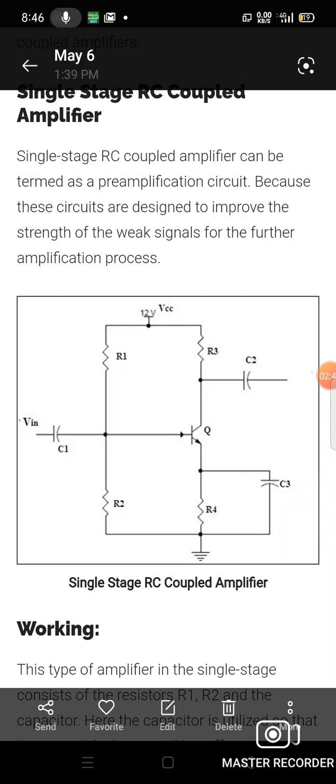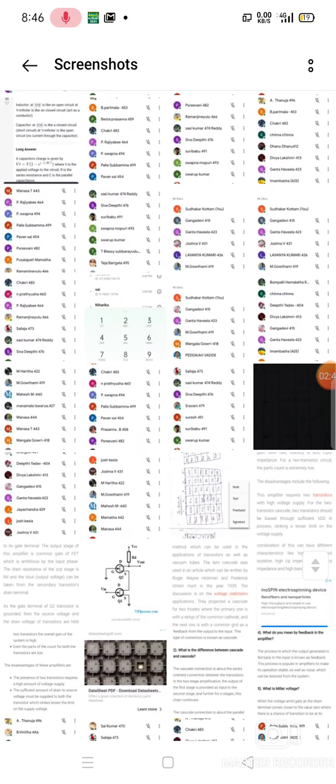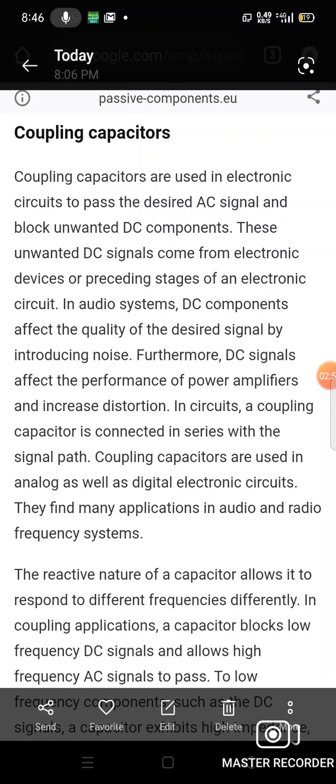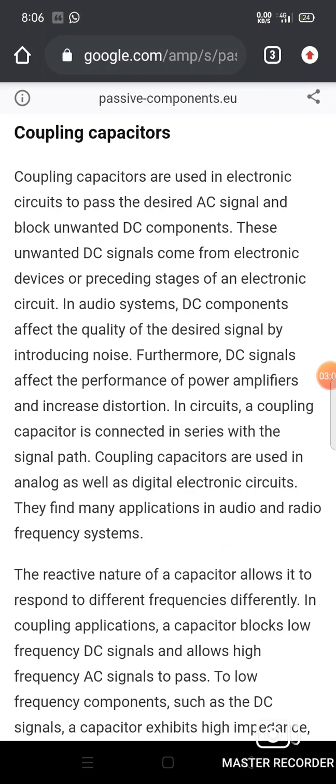For the capacitor functions, we can take the functionalities of the capacitors. First, the coupling capacitor. Coupling capacitors are used in electronic circuits to pass the desired AC signal. It passes the desired AC signal, which means it acts as a short circuit.